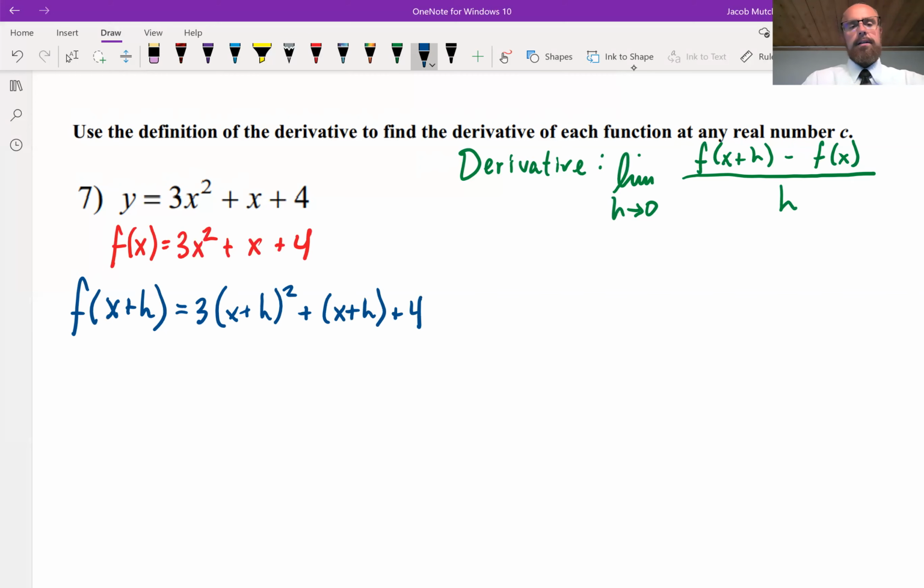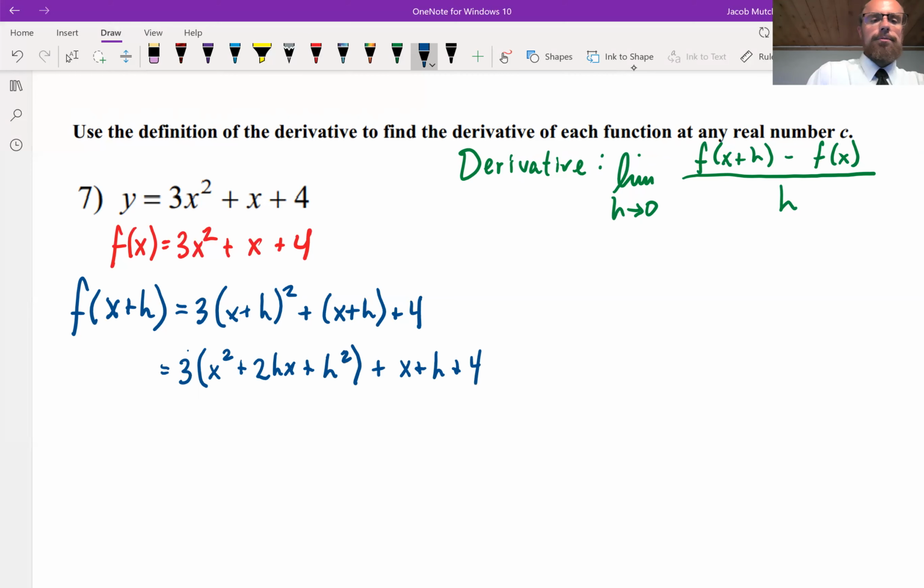So I think that this is a good moment to simplify that, save some work later in the fraction. So I'm going to expand this. This is 3. And again, this is the same x plus h squared. So before we found that was x squared plus 2hx plus h squared, if I FOIL that out. And then I can let these parentheses go, x plus h plus 4.